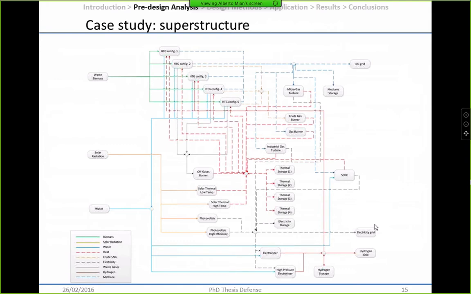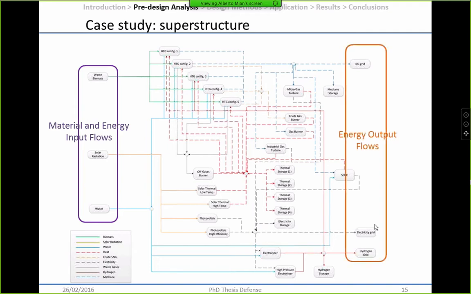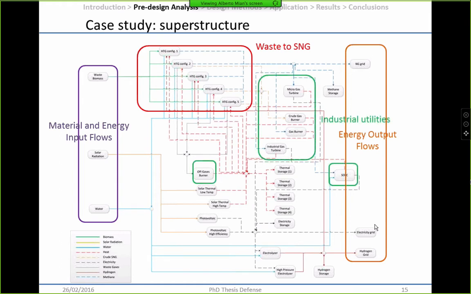So this was the superstructure in my case study. We see that we have some material and energy input flows. These material and energy input flows can be converted into methane, electricity, or hydrogen. To do so, we have several options that we should consider as justification options. We have several options that we may want to include in our plant, which are represented by the industrial utilities.